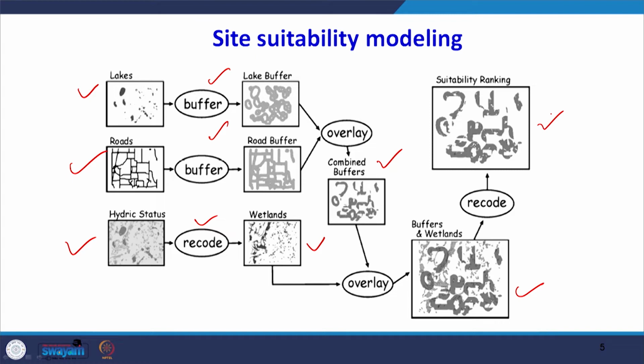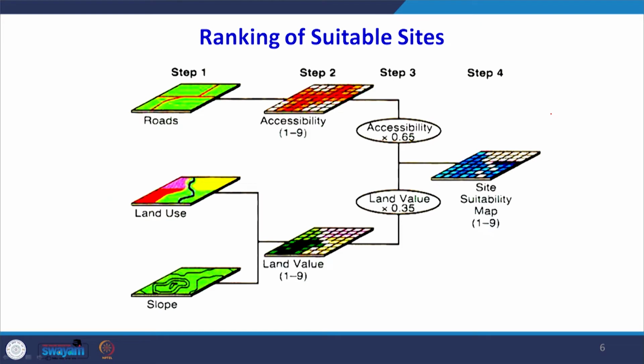So, the grey areas are the suitable areas and the other areas are not suitable. That means we can narrow down the focus of planning to those areas.